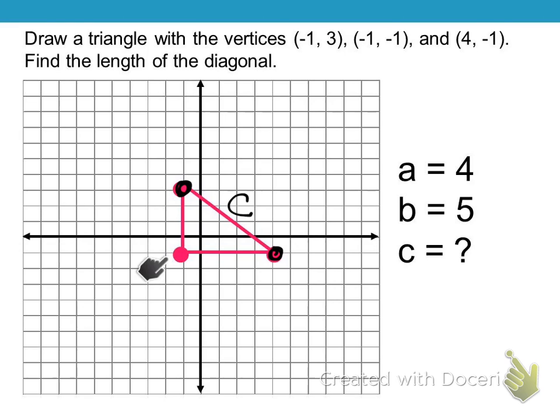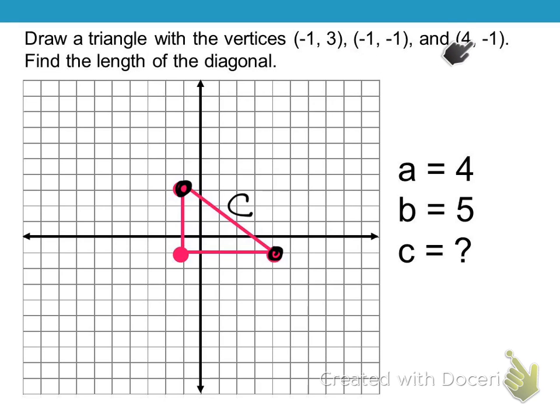Now, these two had the same X. And if you subtracted the Y's, that gave us that distance of 4. These were 4 Y spaces away. Now over here, these two have the same Y, and the 5 is just the distance between the X's.